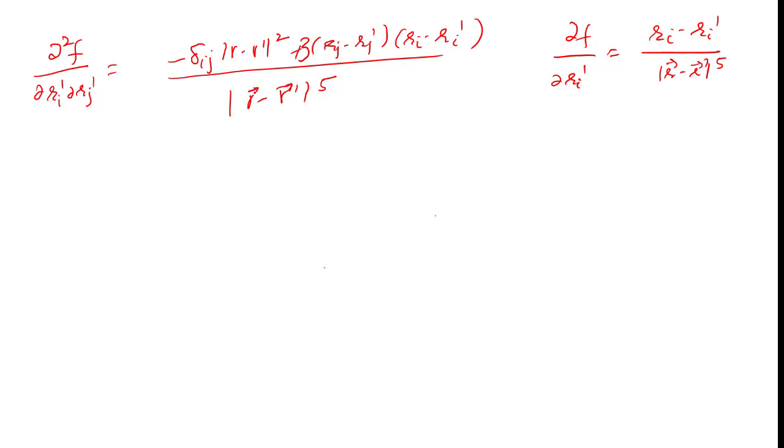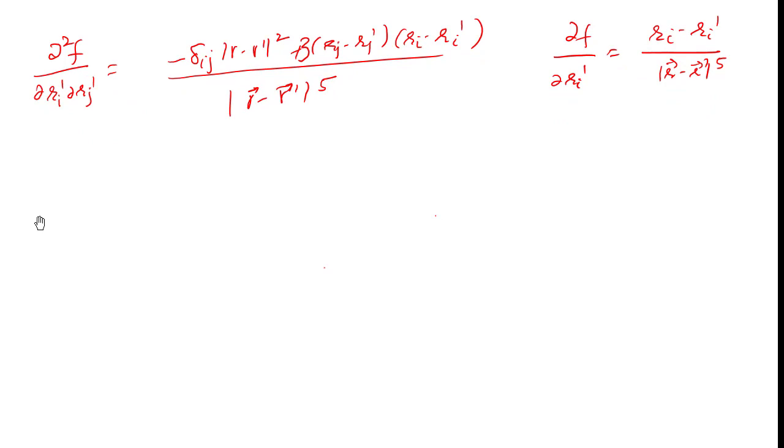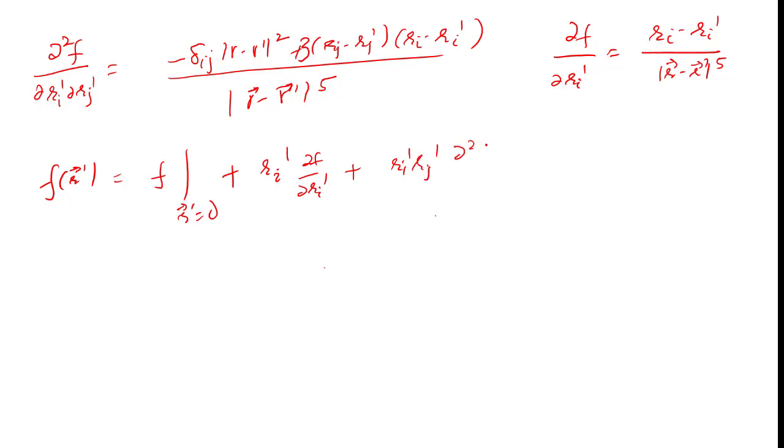So if we go back to the scalar, the Taylor expansion of the scalar potential, we wrote that function at r prime equal to 0 plus we had ri prime dou f by dou ri prime. The summation is implied. Similarly here the summation is implied too. Dou square f dou ri prime dou rj prime.